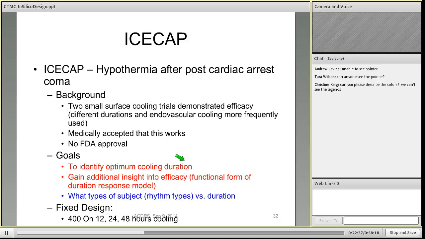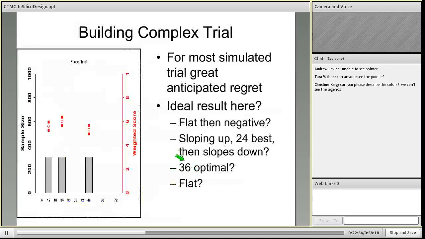Because cooling is thought to be beneficial, it is thought to be unethical to randomize anybody to no cooling. So there is no arm here which is no cooling. So determining superiority of cooling can be difficult in this circumstance.